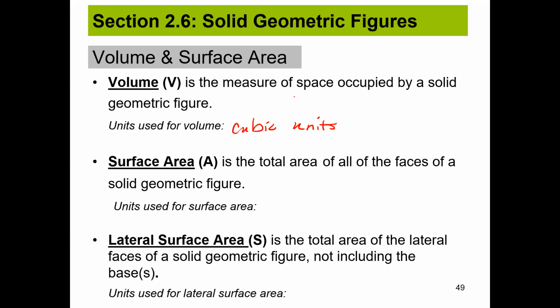So we're talking about having 3 dimensions. Also on a 3D figure, we discuss surface area. Although it might be a 3D figure, we talk about just the area, the total area of all the faces of the solid geometric figure, and those would be in square units because we're talking area. We're covering it, we're not filling it.